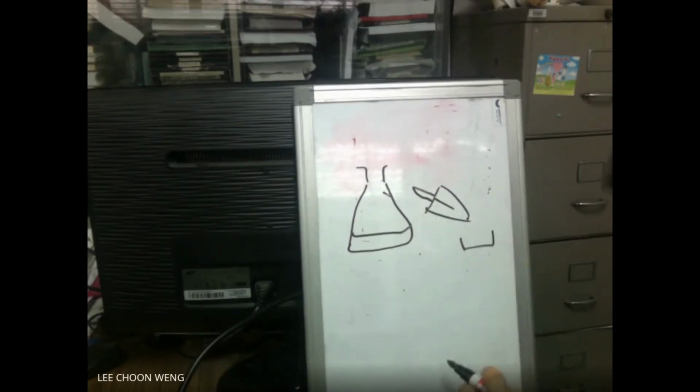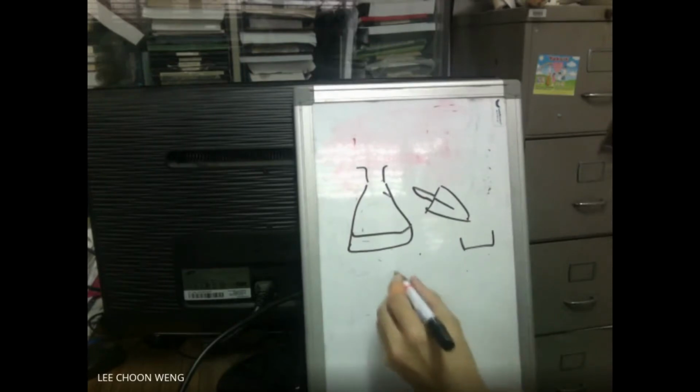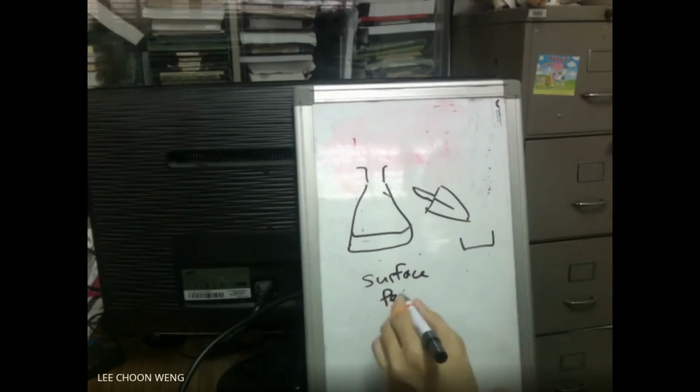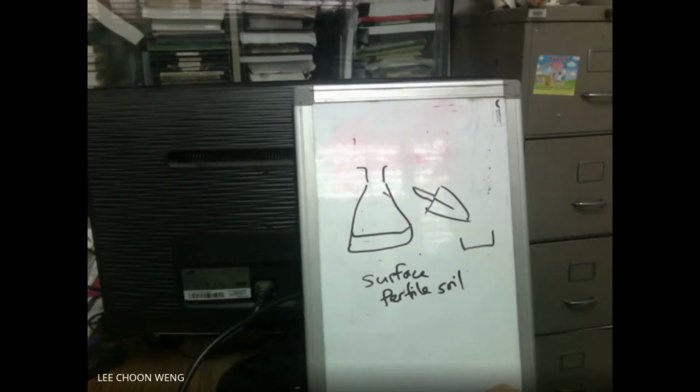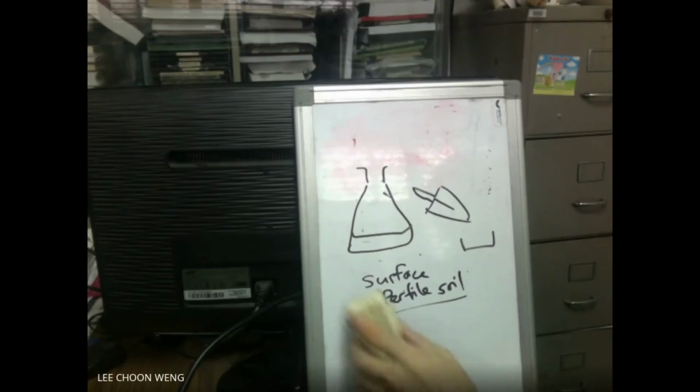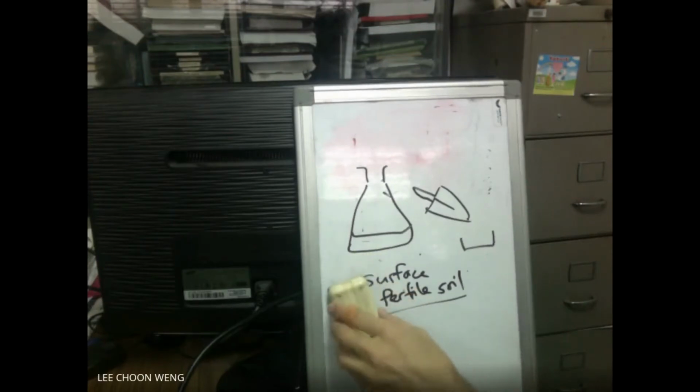When the students sample the soil, usually I will ask them to sample the surface fertile soil. Usually it's the ones that are brownish to blackish. We want it to be fertile because we want to make sure that there are at least some bacteria there that we can get to grow here.